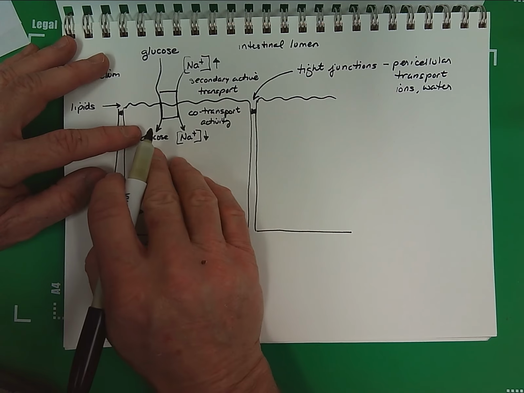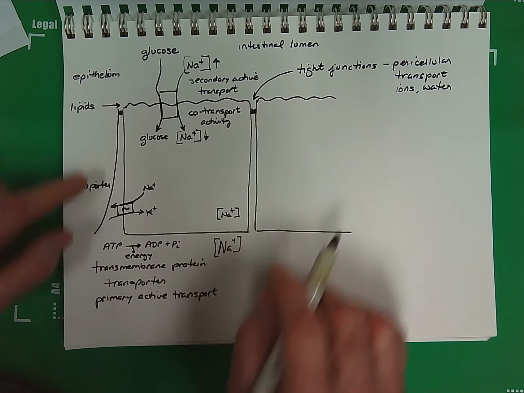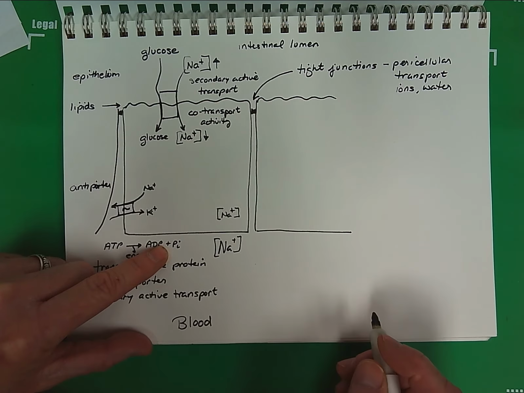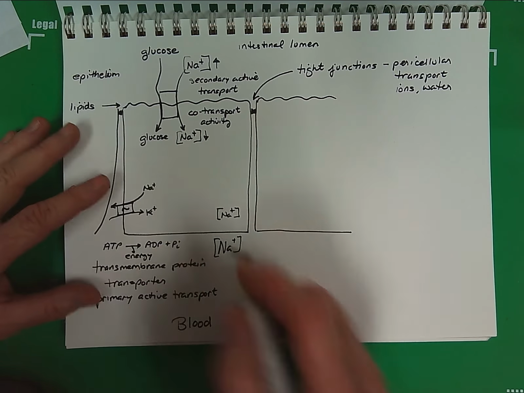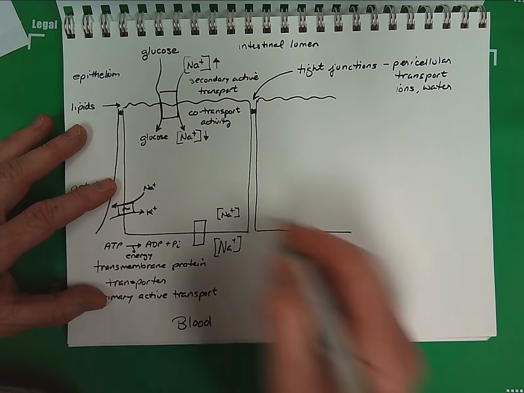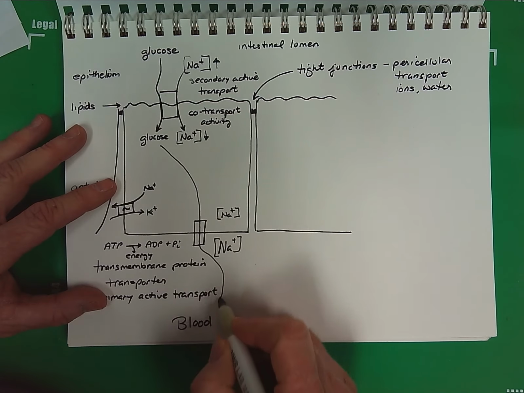Now once the glucose comes out of the cell, it has to enter the bloodstream, which is down here on the other side of the cell. In order to do that, we have a transporter that will take glucose and transport it out into the blood.